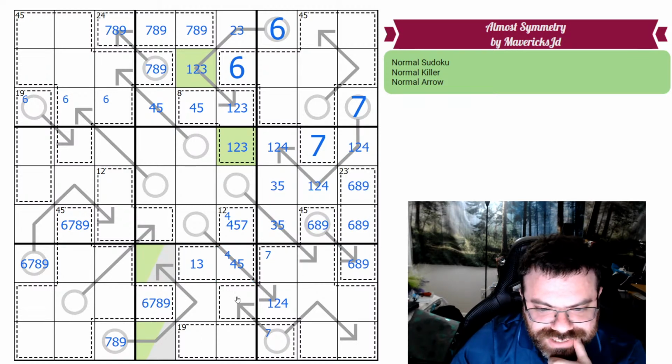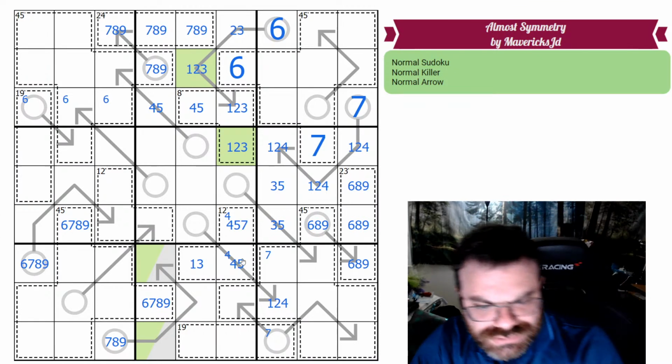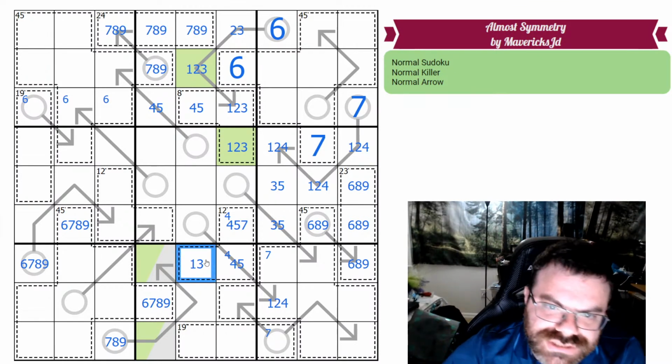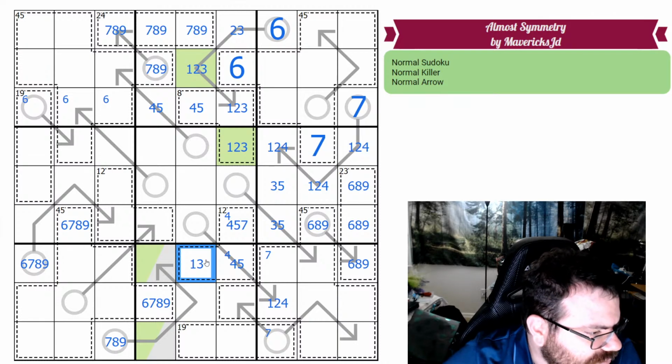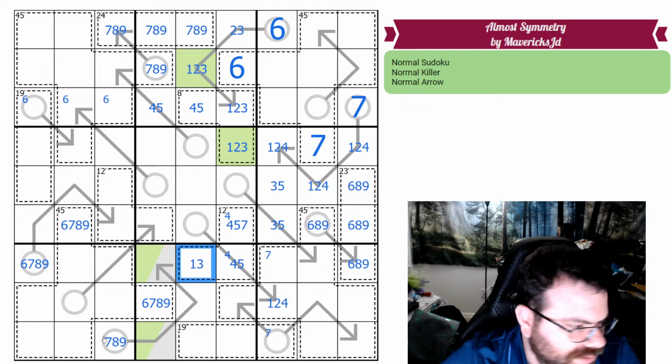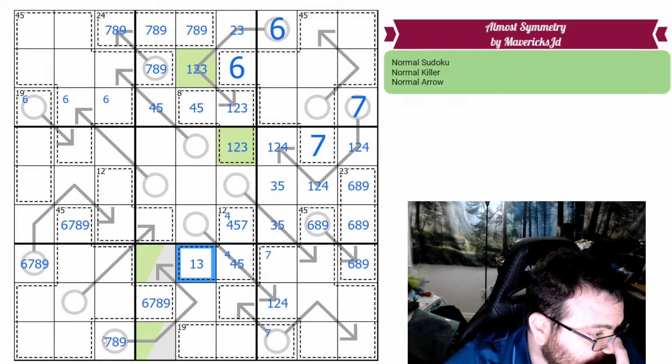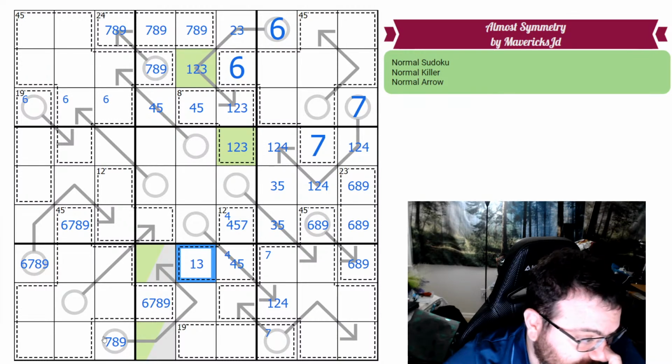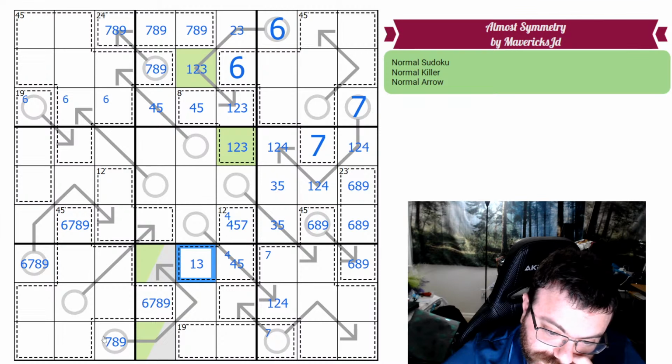I'll just not have that deduction. So wait, a 1 here would do what now? That puts 2, 3, 4 on the arrow in the box. Okay, yeah, 2, 3, 4, 9. Putting a 5 into the 12 cage. Yeah.